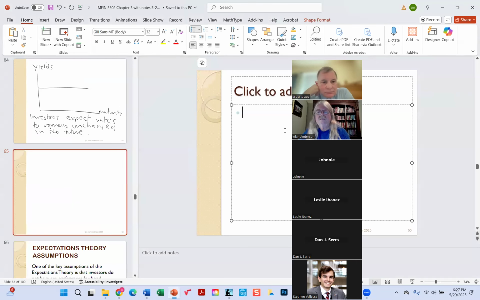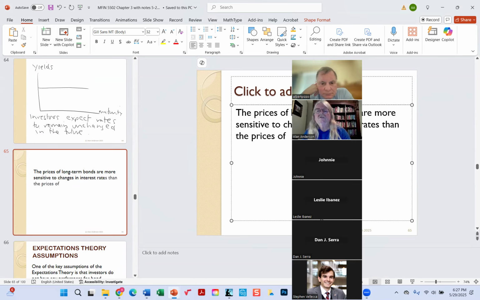Okay. So one of the things we have to remember is that long-term bond prices are more sensitive to changes in interest rates than the prices of short-term bonds. And we'll see exactly why that is. I think it's chapter 8 when we start talking about the bond markets.